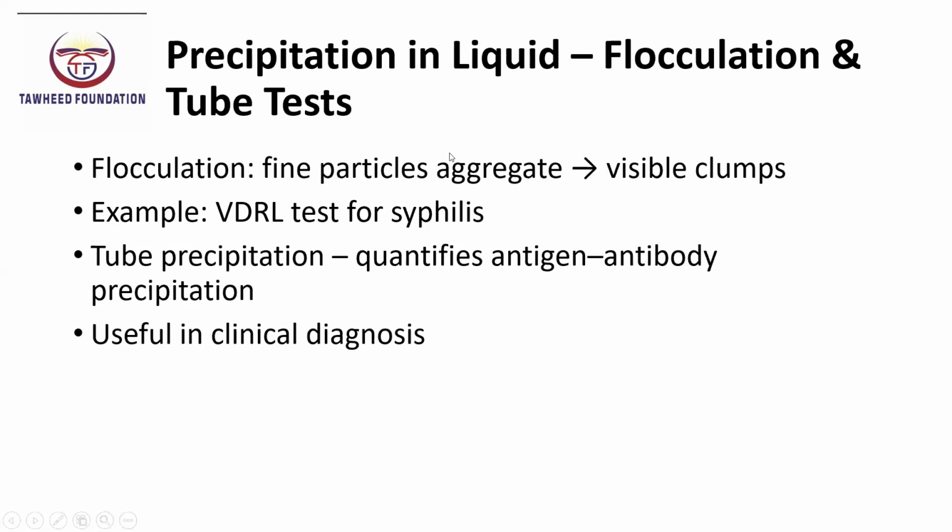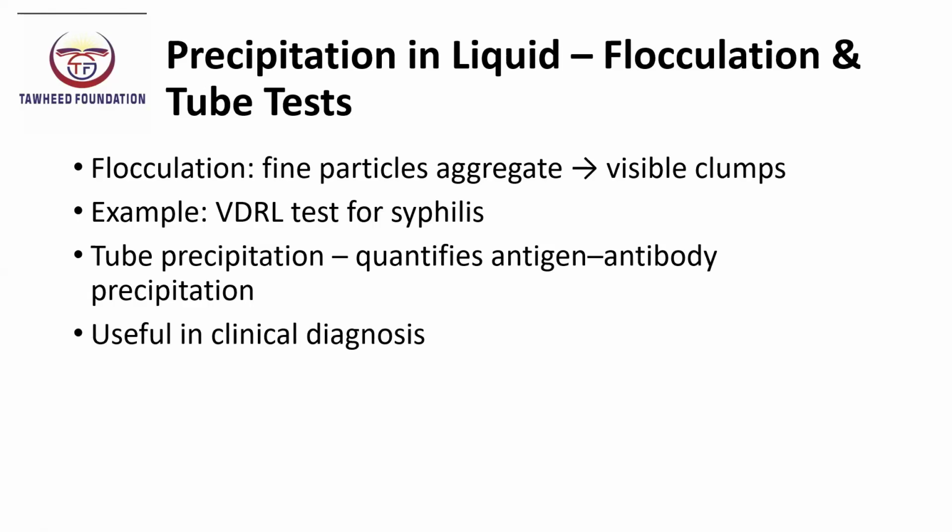Next is precipitation in liquid: flocculation and tube test. In flocculation test, fine particles, that is fine antigen-antibody complexes, form and appear as visible clumps or flakes rather than a dense ring or pellet. These aggregates result from the combination of soluble antigens with antibodies under conditions that favor partial precipitation.